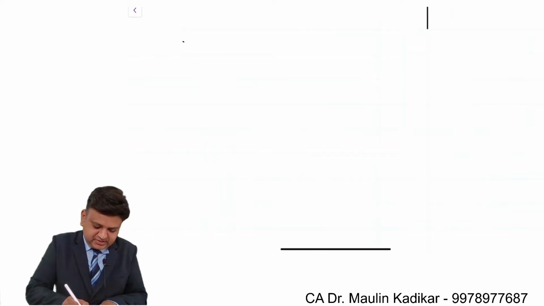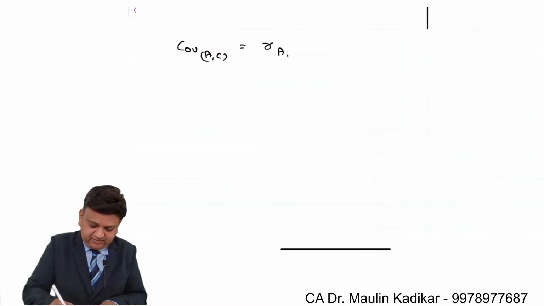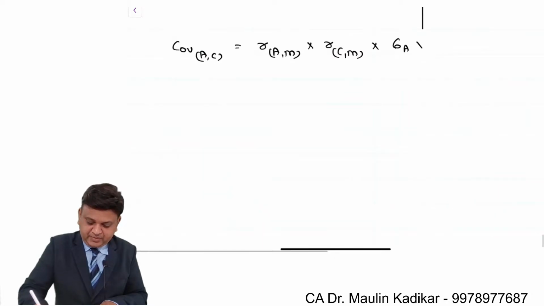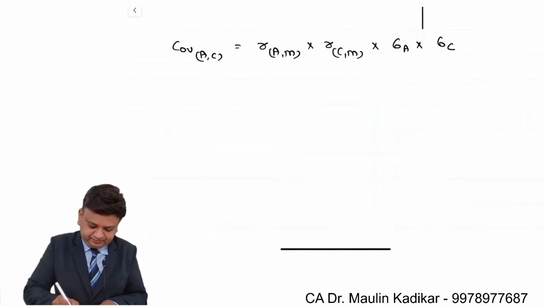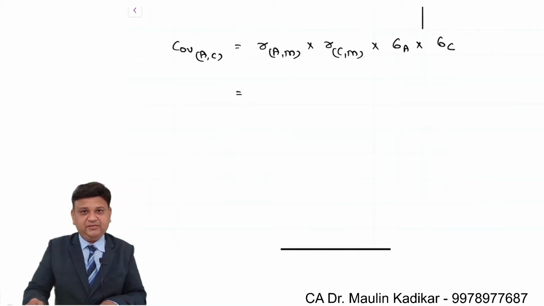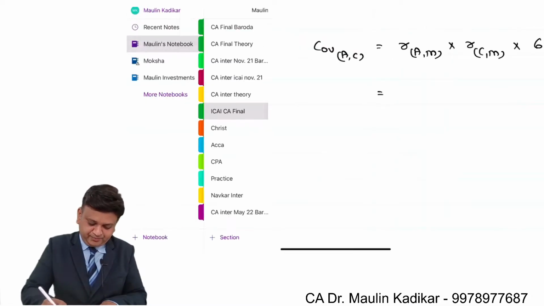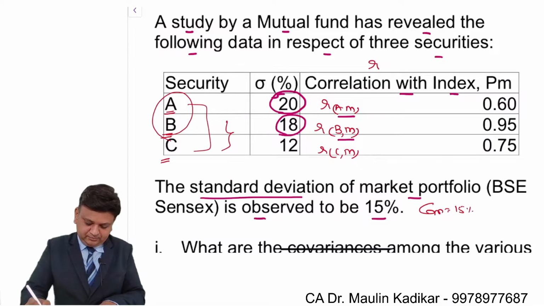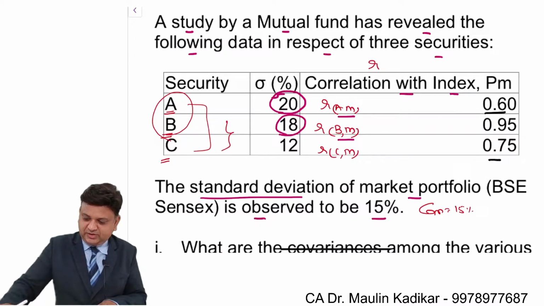Now covariance between A and C will be found as R between AM into R between CM into standard deviation of A into standard deviation of C. That is the way we are required to calculate. Correlation coefficient of A with M is 0.6, C with M is 0.75.